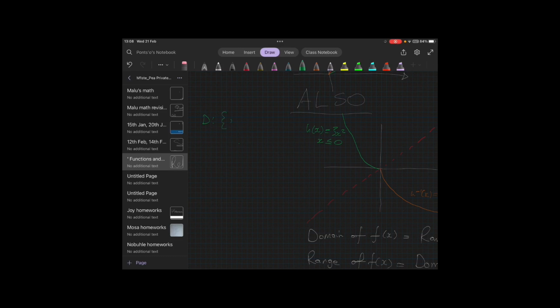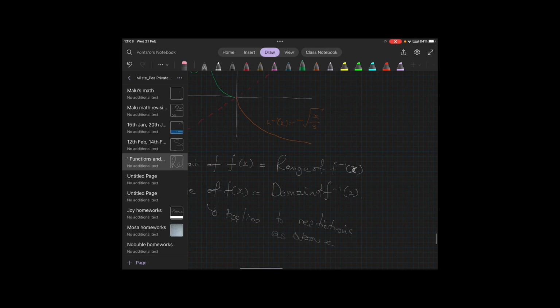Alright, so domain is set of x values such that x is negative and an element of real numbers. The range is set of y values such that y is positive, since we are squaring anyway, and an element of real numbers.